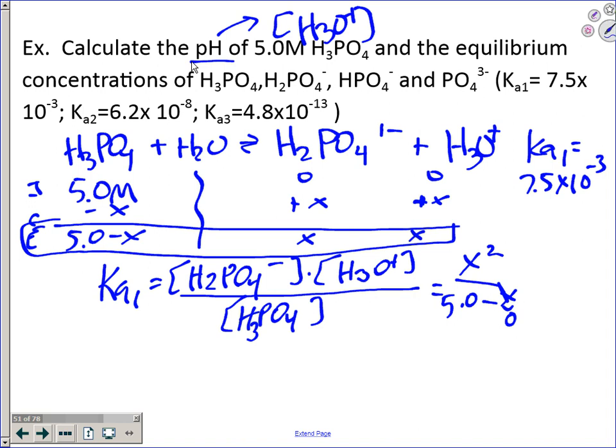Weak acid, meaning the K value is small, it's less than 1, right? If I have a K value greater than 1, I'm not going to neglect x. So don't forget, we don't always neglect x on other types of problems. So in setting this equal to 7.5 times 10 to the negative third, everybody solve for x for me.